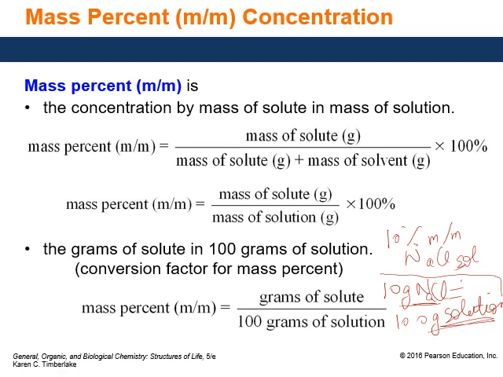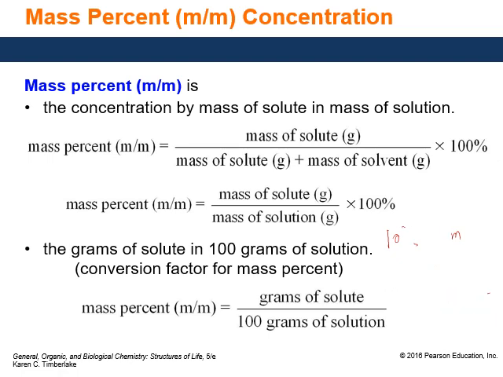Okay, let's make another example of this. For instance, if the question tells me that we have a 15.0 mass over mass percent KNO3 solution in water, okay, if this is given to me, I would use this as a conversion factor.